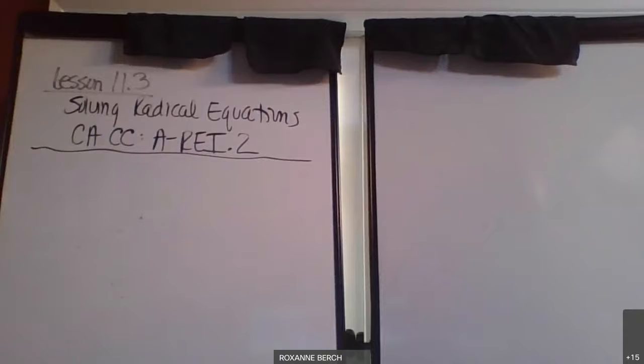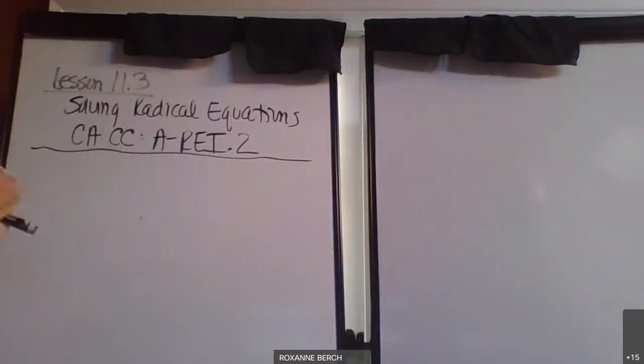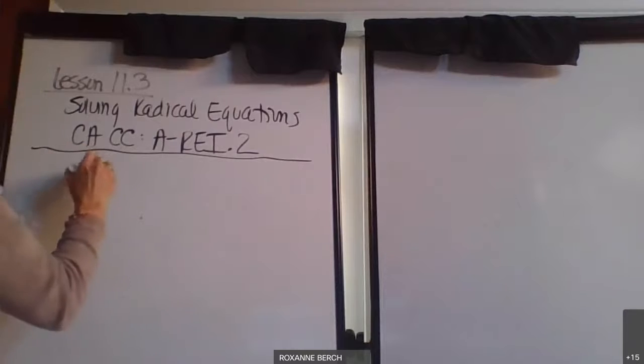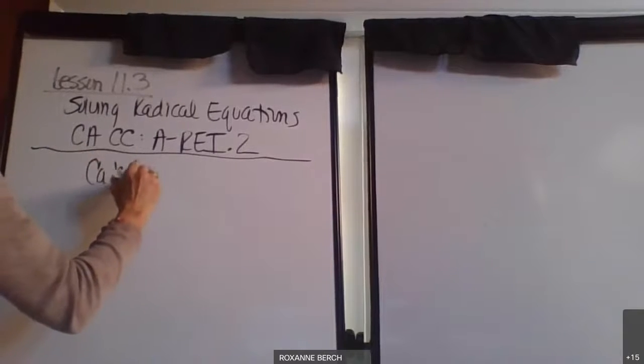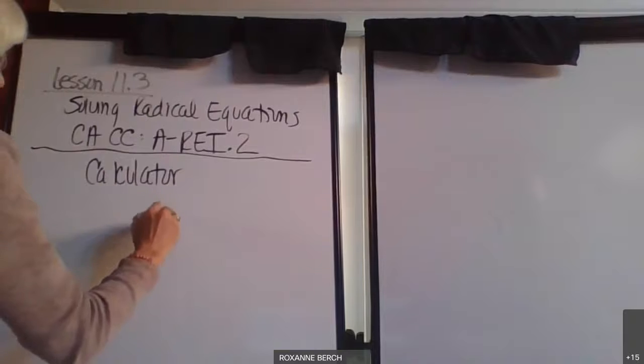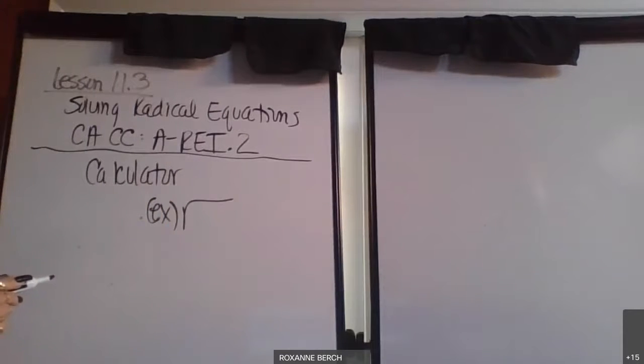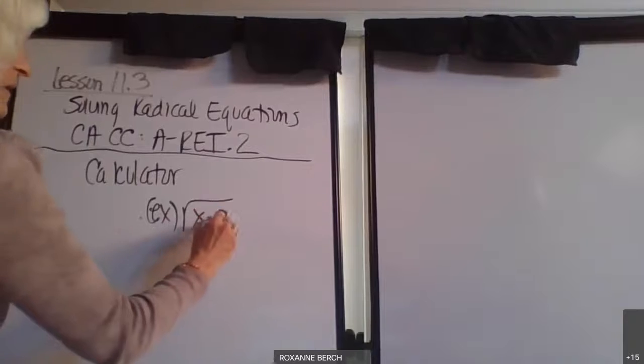And I want to talk about the calculator right now. So I'm going to make up some problems. If I were you, I would do the explore. And you do want to think about what you have here.